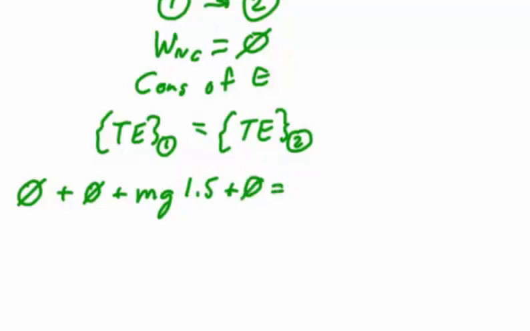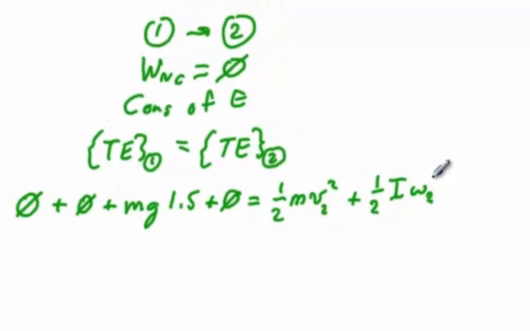At moment 2, we have an amount of translational kinetic energy, which will be 1/2 the mass times the velocity at this moment squared. We also have rotational kinetic energy, since the object will be rolling, of 1/2 the moment of inertia times the omega at this moment squared.